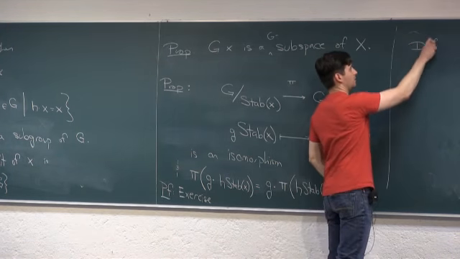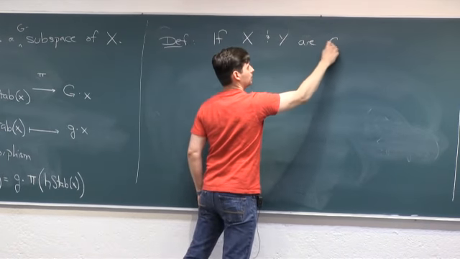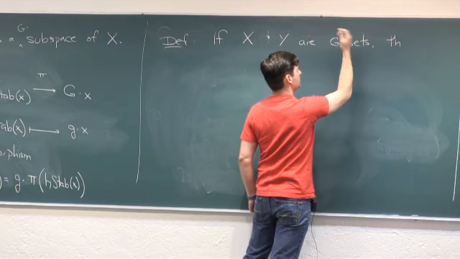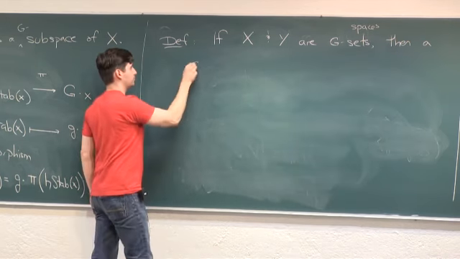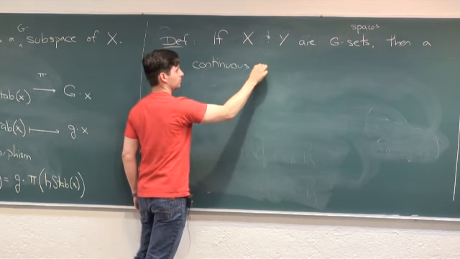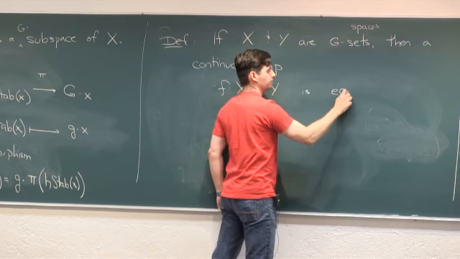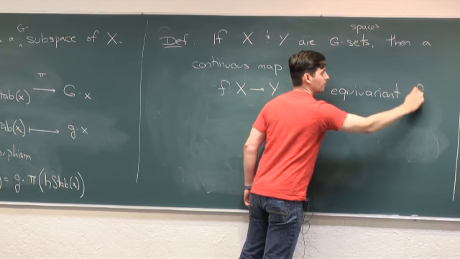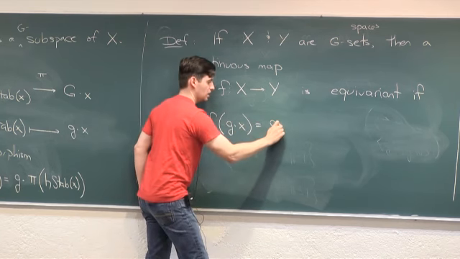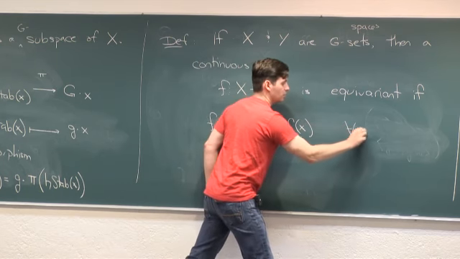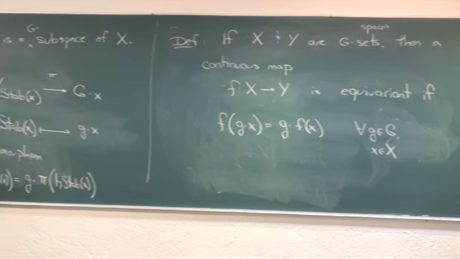But I need to talk about the maps more generally. So if X and Y are G sets, or G spaces, then a continuous map f from X to Y is equivariant if f of g times x is g times f of x for all g in G and x in X. There's a slight abuse of notation here.